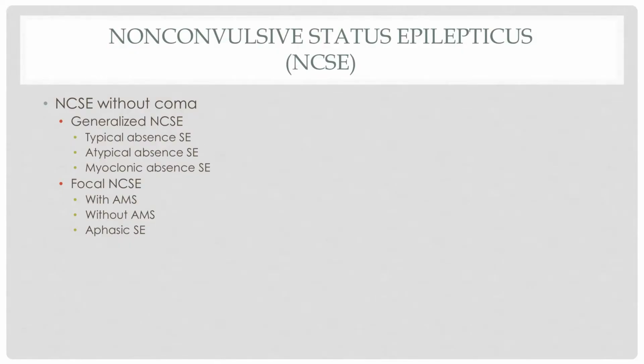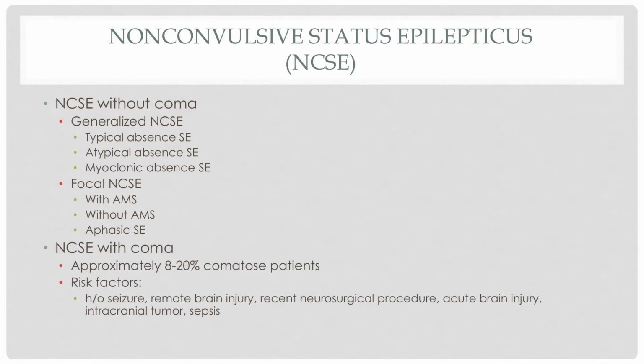The other type of non-convulsive status that is more concerning is in a patient in coma. This occurs in about 8 to 20% of patients in coma. You can be in status.